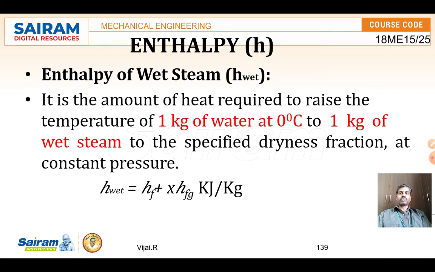We have already discussed what the dryness fraction is: the amount of dry steam present in the total mass of the wet steam. We denote it as x. If x is 1, it is totally dry steam. If x is a decimal, it is wet steam.